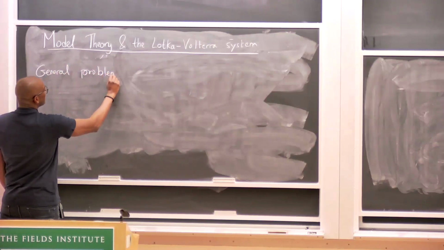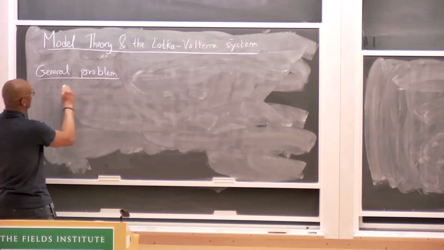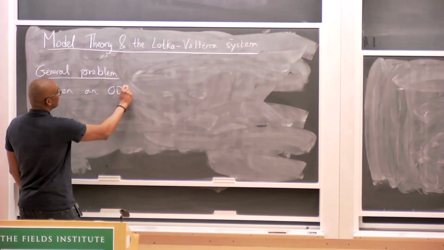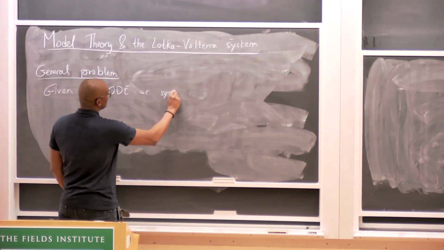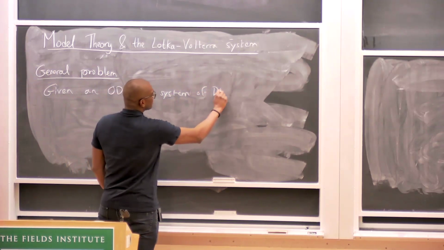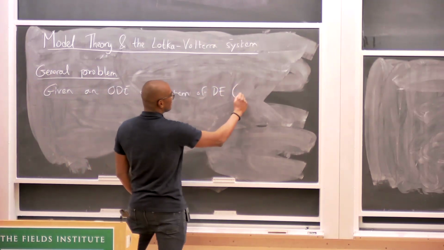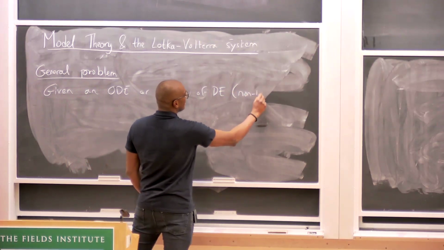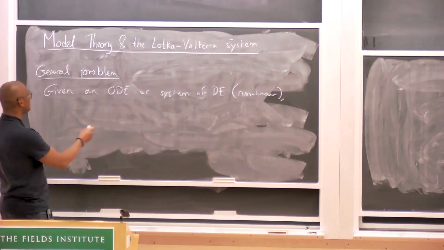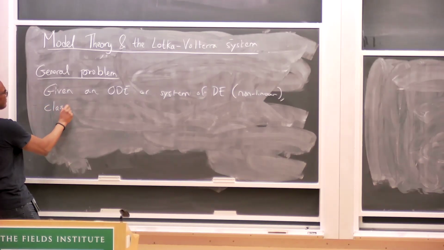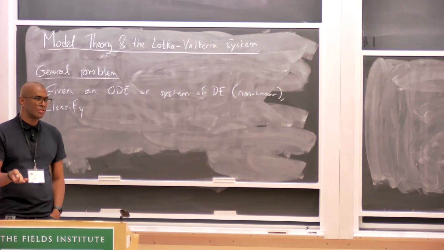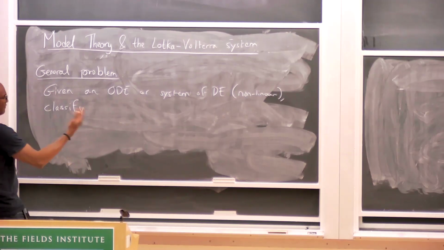This is a general problem in differential algebra, where you're given an ODE or a system of differential equations. In this talk, we will mainly be concerned with nonlinear ODE. What you want to do is to classify all the algebraic relations between solutions and derivatives of that system.